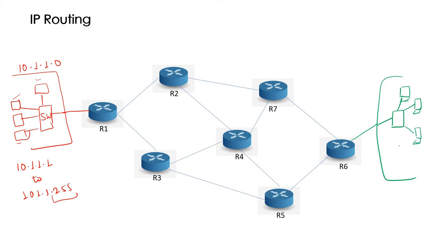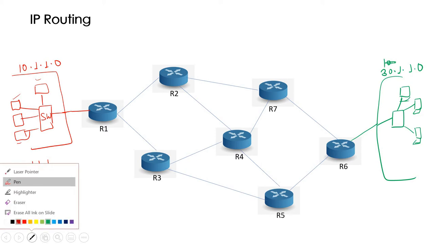Only 255 hosts can be used, but we can use 2 networks or 4 networks. Definitely this is a network of, let's say, 30.1.1.0 network. So here IP addresses range from 30.1.1.1 to 30.1.1.255.